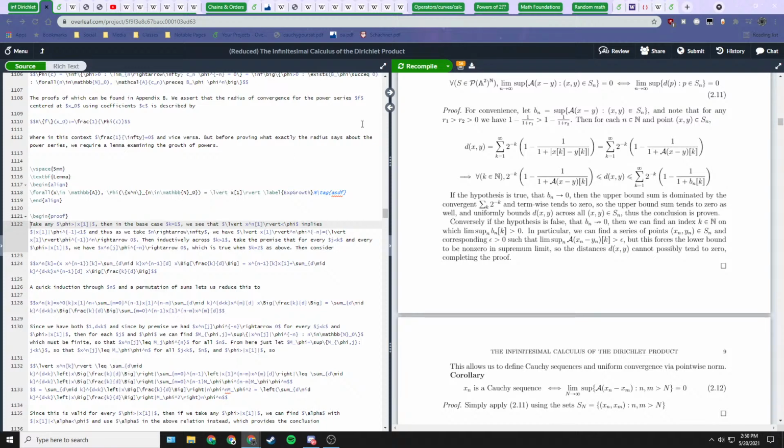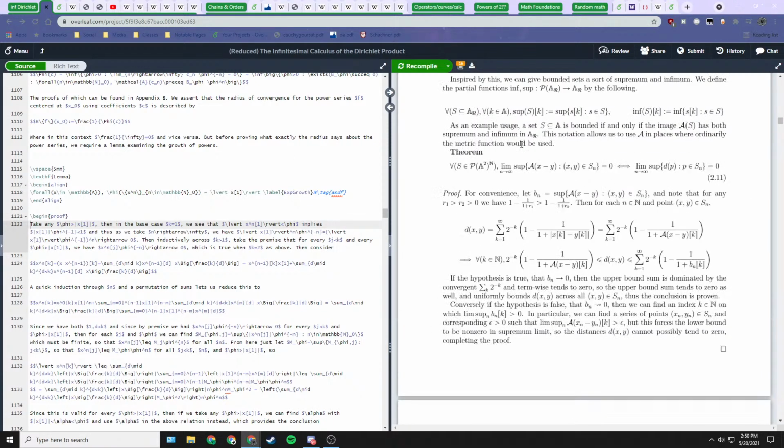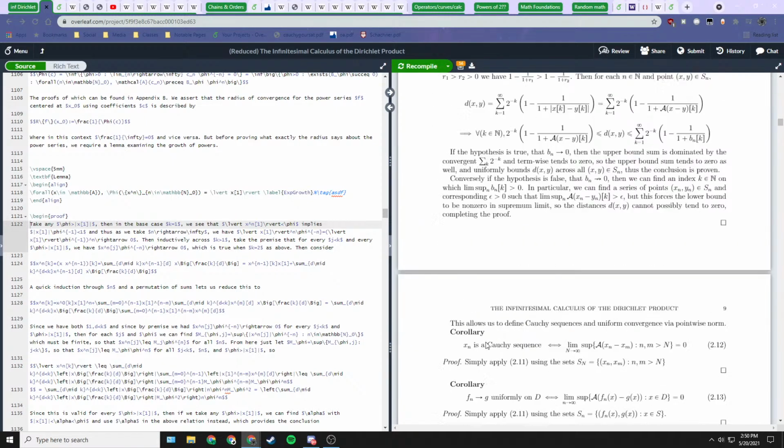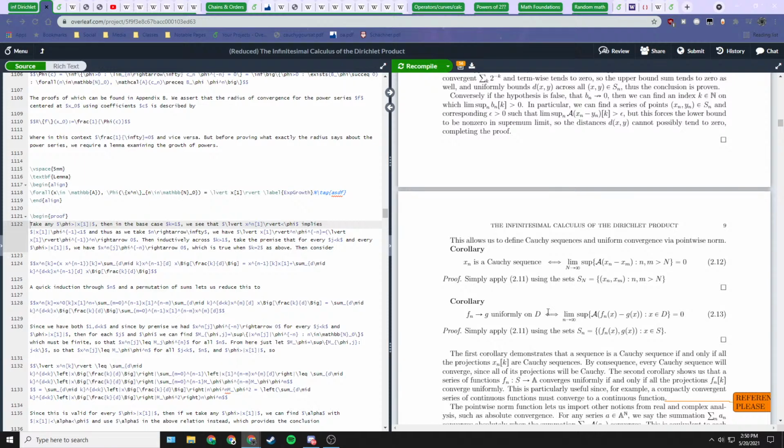Maybe we did our proof a little differently. I think in our proof, no, we did it this way. So take our sets being the set of ordered pairs.